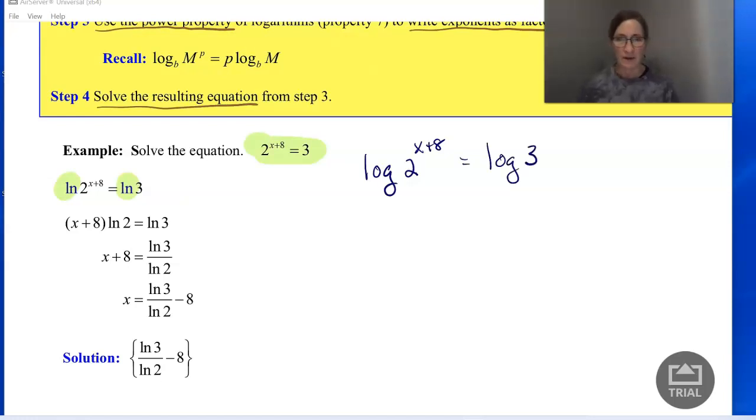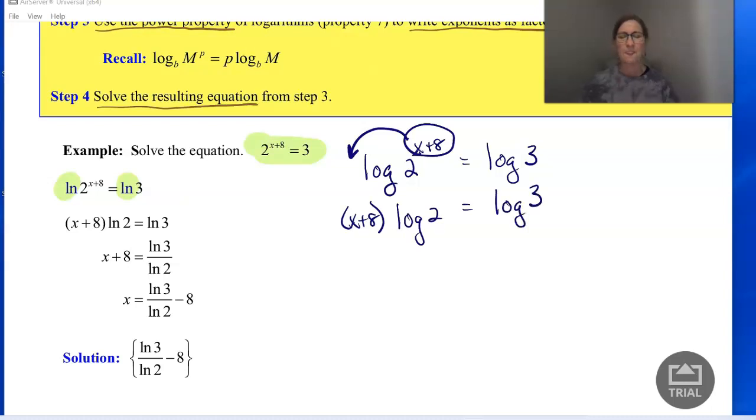So now what I'm going to do is go ahead and use the power rule to bring that x plus 8 out in front. So it's going to be x plus 8. I put parentheses around it because it's that entire expression that is acting as the exponent. So x plus 8 times log 2 equals log 3.